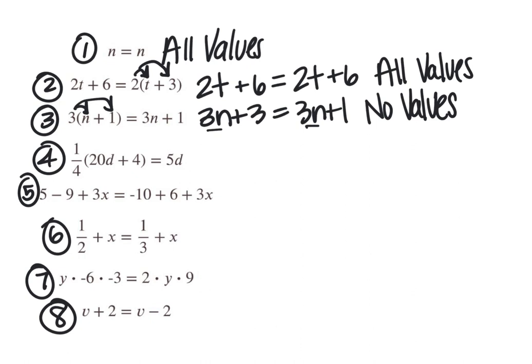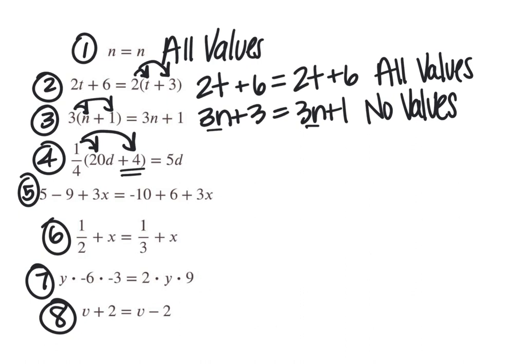Okay, let's look at number 4. So on the right, we see we have 5d. On the left, we see we have 1/4 multiplied again by a quantity. So already I notice that I have a constant inside my parentheses. That's standing out to me already because whatever I end up with when I distribute this 1/4, I'm going to be adding something to my variable term. So let's just see what we got. 1/4 times 20 is the same thing as 20 divided by 4.